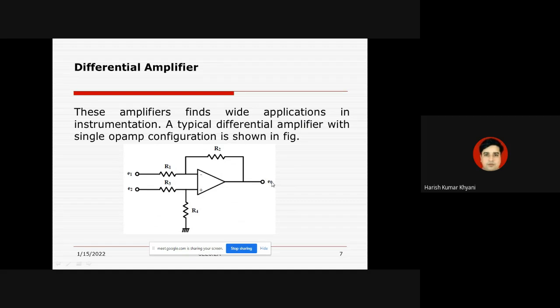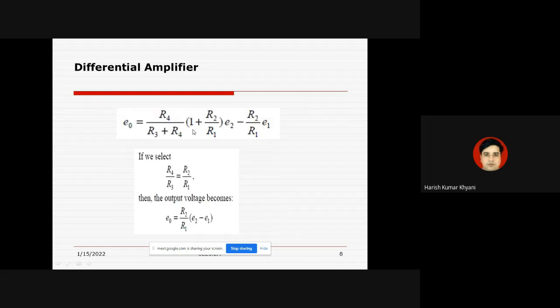The output E0 is proportional to the difference of these two inputs E1 and E2. This is the expression of the output voltage of a normal differential amplifier, and if we select this particular ratio, then the output voltage becomes R2 by R1 times (E2 minus E1), where E1 and E2 are the two inputs applied at particular nodes.